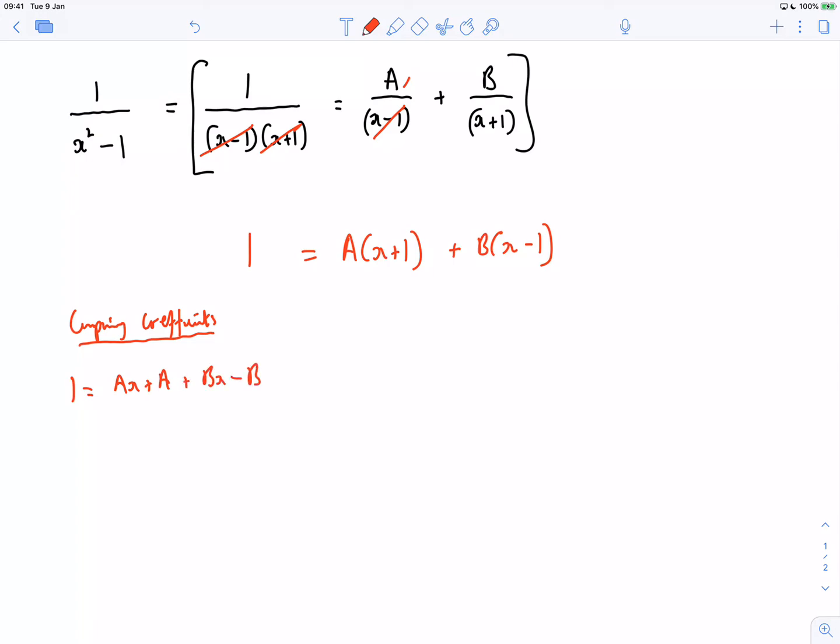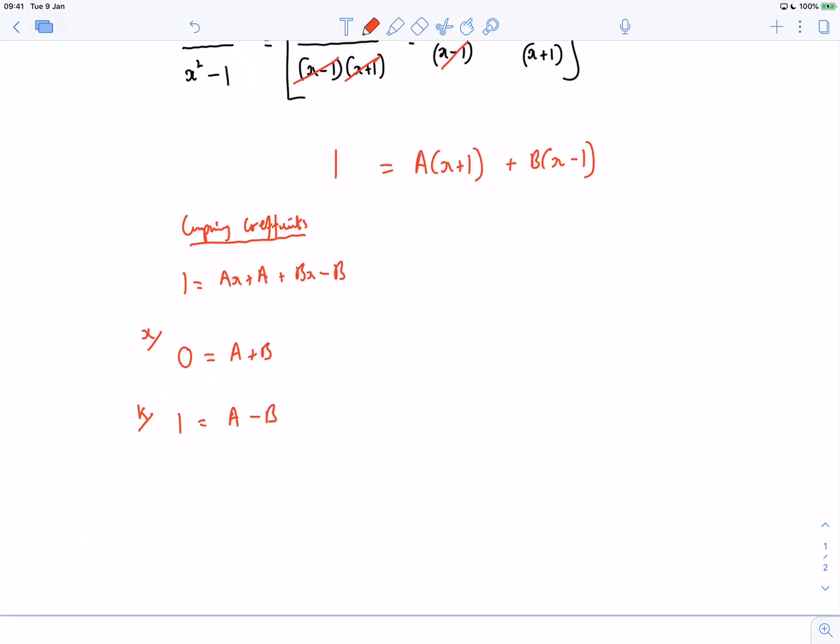If I look at the x coefficients, I've got no x's on the left-hand side, I've just got the number 1. On the right-hand side, I've got a plus b lots of x. So that's my one simultaneous equation. Then if I look at my constants, I've got a 1 on the left-hand side, and then I've got an a on the right-hand side and a minus b on the right-hand side.